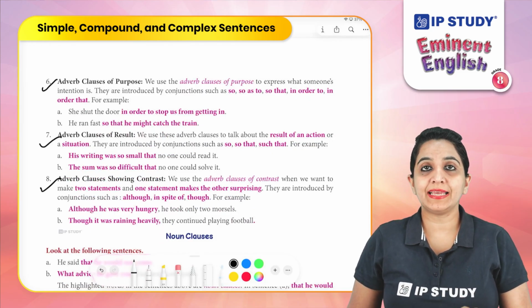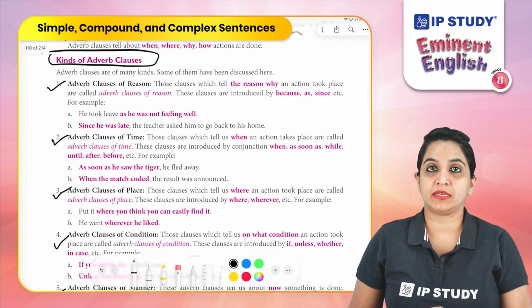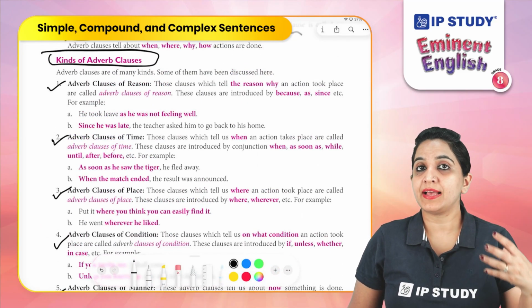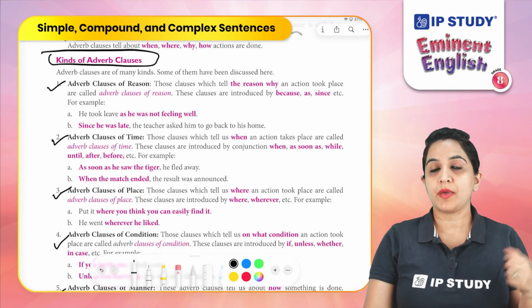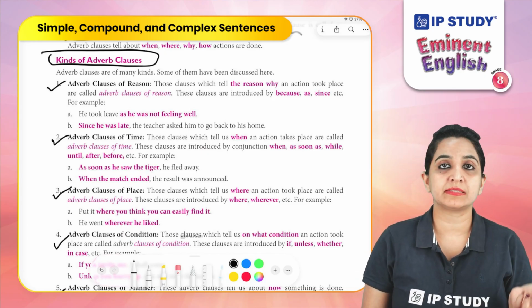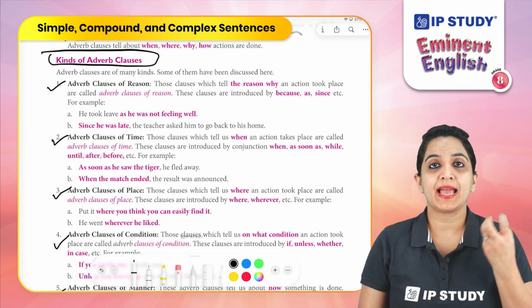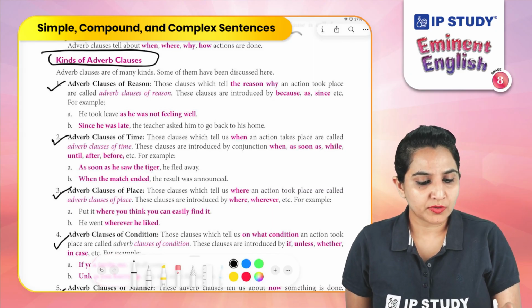So just like adverbs, they tell us how something is done, when something is done, in what manner something is done. That is why in a similar way we have the types of adverb clauses also, because they will tell us how something is done, in what manner something is done, what is the result of it, and why something is done.